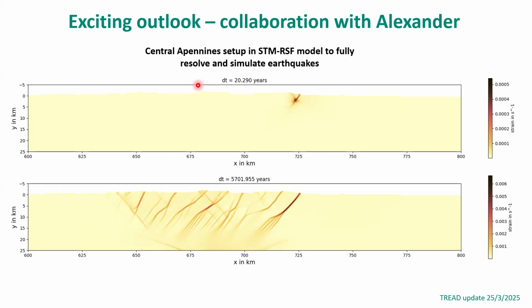We already managed to load in the setup, and now we just have to tweak the parameters and solve some technical issues. But I think that's an exciting outlook. And I think Alexander will probably later show some more results. Hopefully. And that's it.